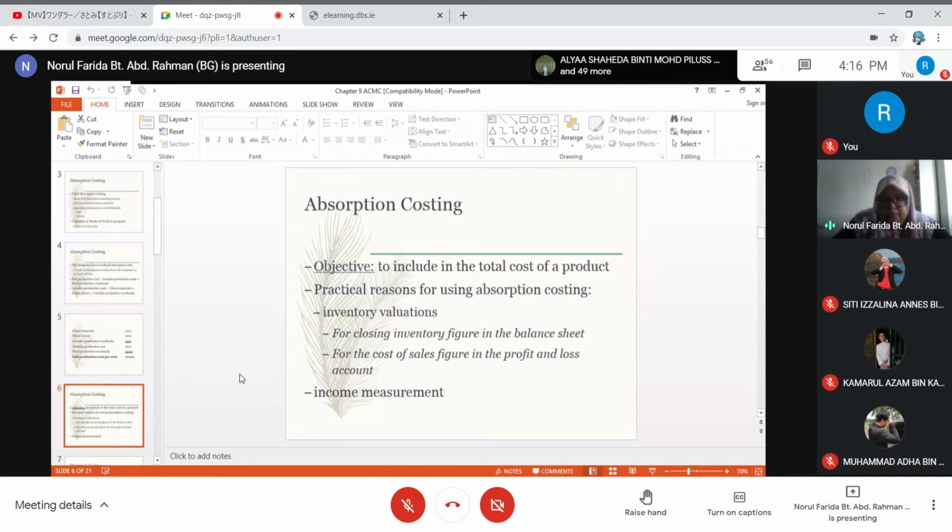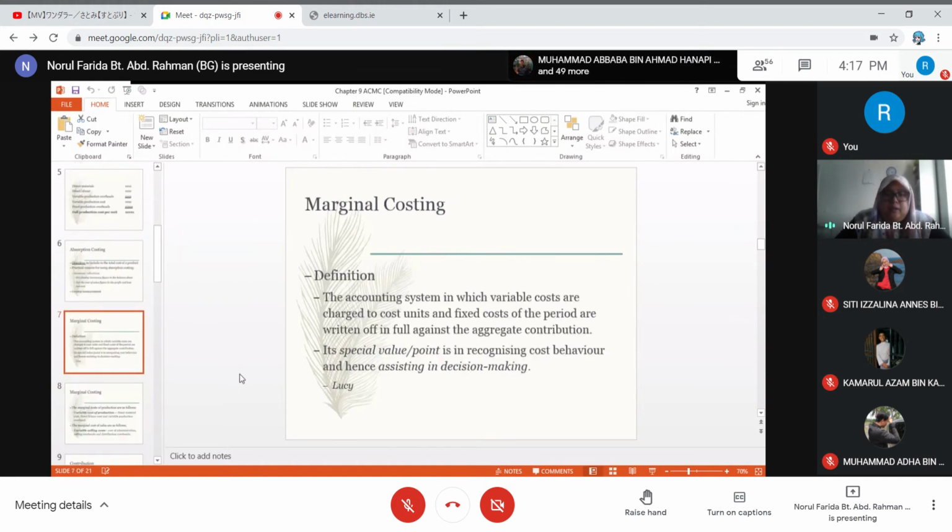Okay, because one, for you to calculate the closing inventory in the balance sheet, and for you to calculate the cost of sales or cost of goods sold in the profit and loss account. Because inventory or your stock diambil kira both in your SOCI and your SOFP. Right? So you have to value your inventory dekat situ before you can arrive at your net income, which will affect your balance sheet, okay, or your SOFP lah.